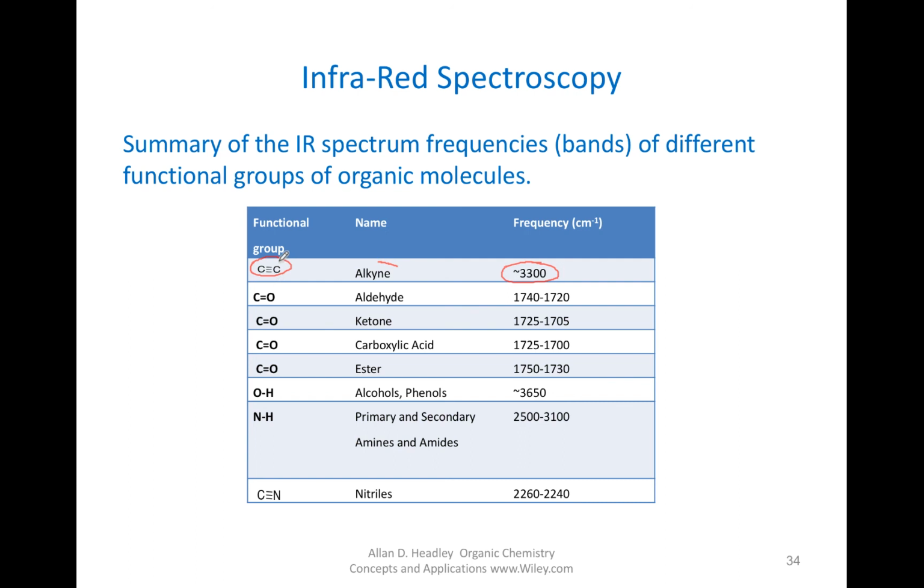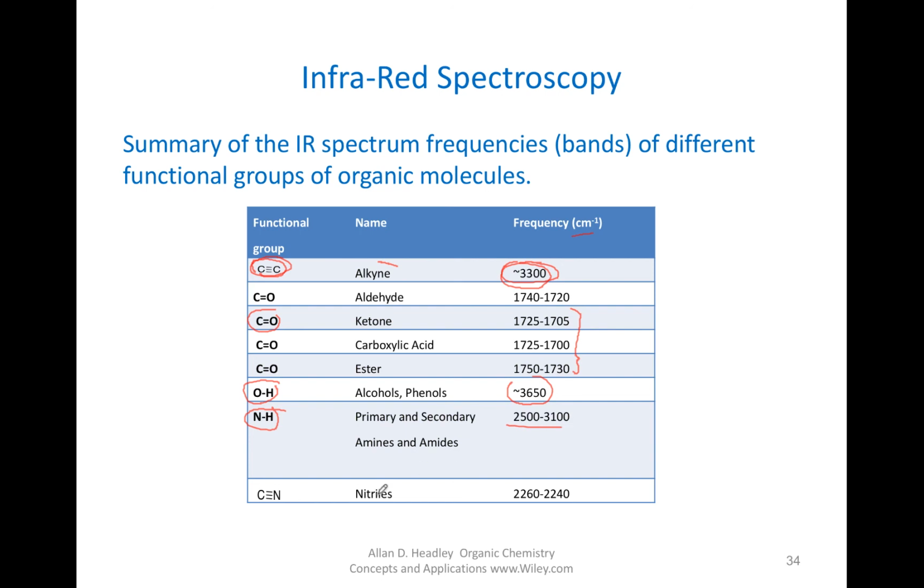We'll have a chapter later on, this semester actually, when we look at much broader examples of functional groups. So here's a carbon-carbon triple bond. It gets excited at around 2200 reciprocal centimeters. We've seen the carbonyls before. They get excited right in this region. The OH we've seen before, right in this region. Notice the NH is in this region.